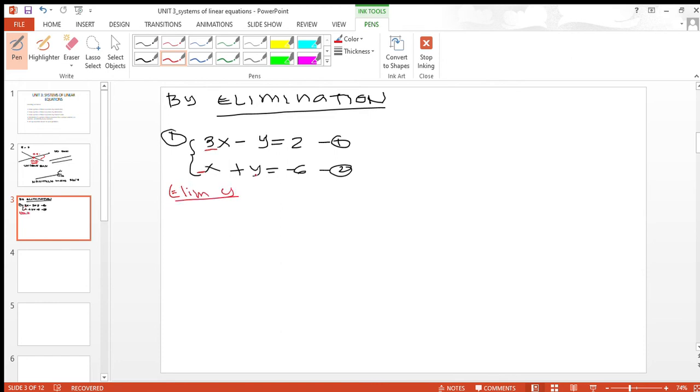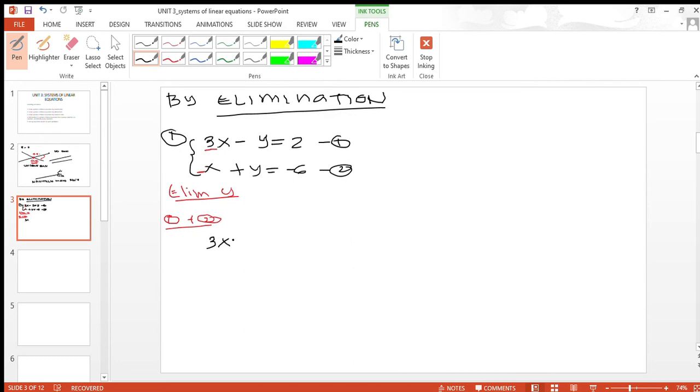And in eliminating y, since the signs are already opposite, we can simply have equation 1 plus equation 2. Let me just rewrite the equations here.